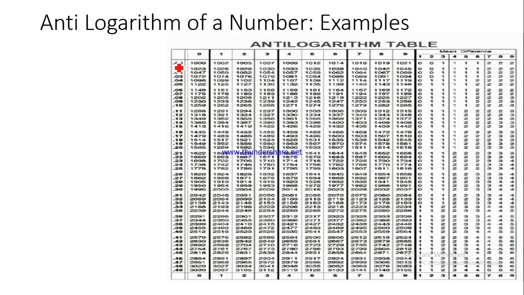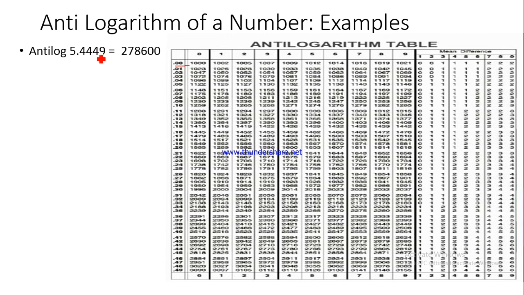On the other hand, the anti-logarithm table starts with 0.00. This is the main difference here, right? However, the method of using the anti-logarithm table would be the same. Since you already have an understanding, I'll be a little quick while discussing these examples.